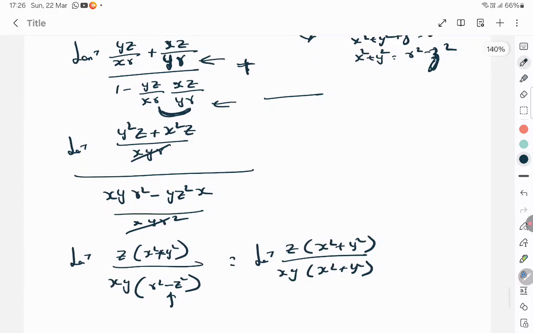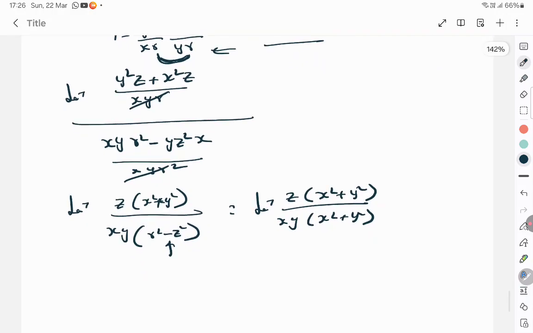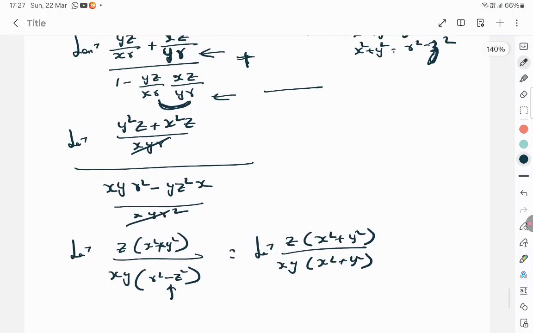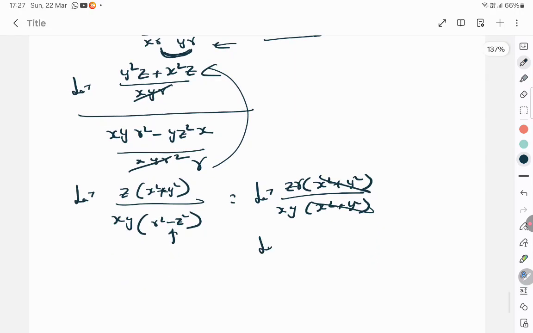So then you'll be left with one r here, and that r will go up, and that will make it zr. Now this and this get cancelled, so tan inverse of zr by xy.